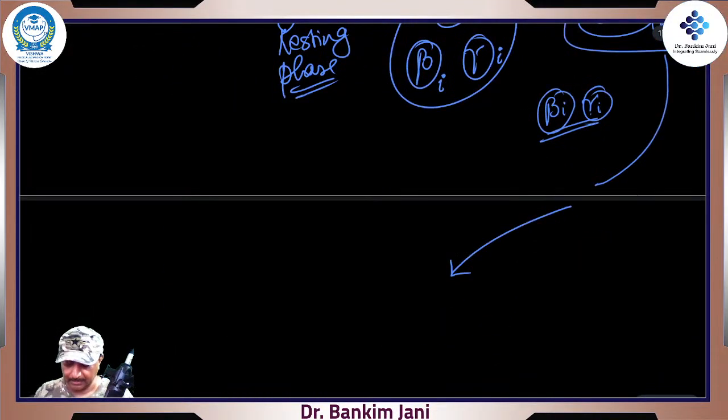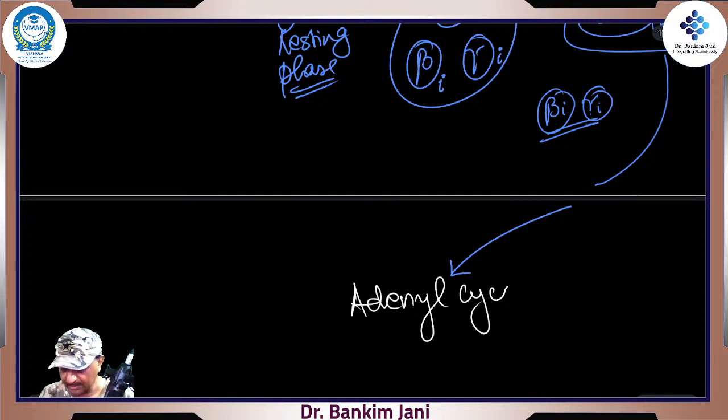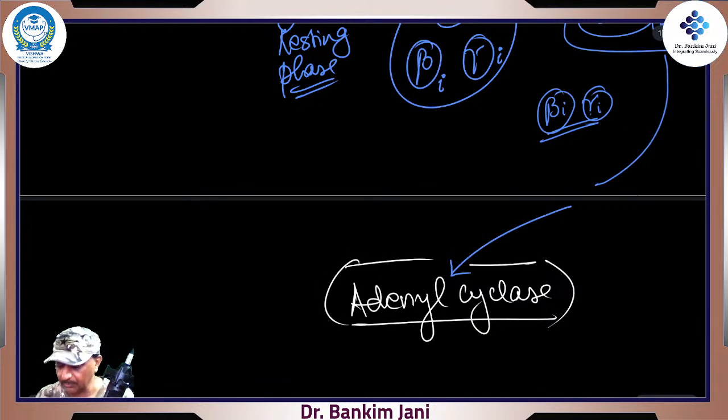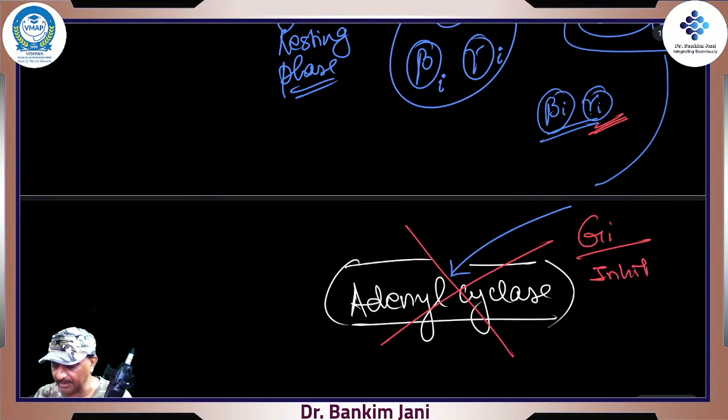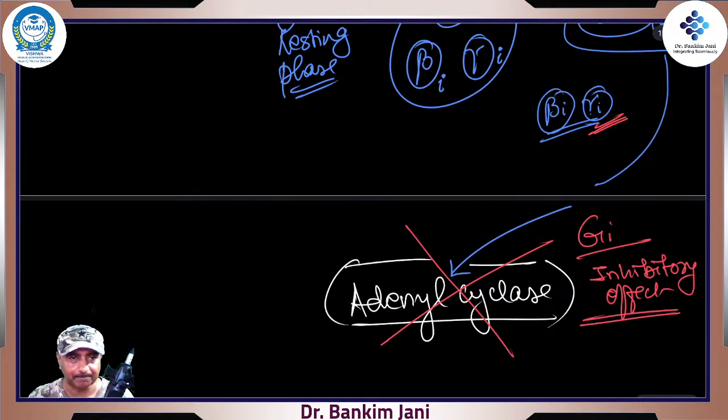This adenyl cyclase would be inhibited, because this alpha I has the inhibitory effect.